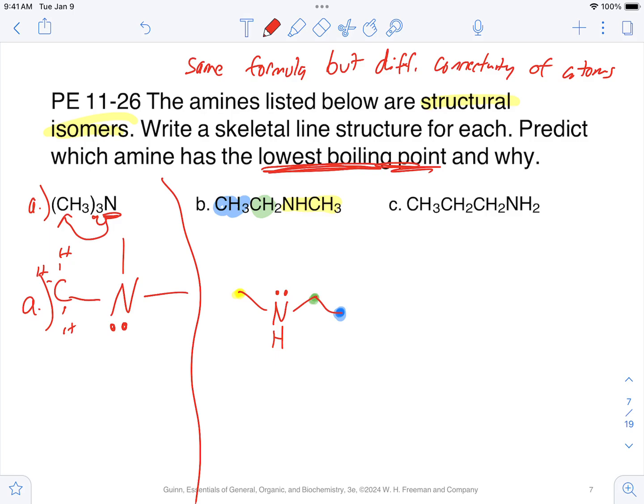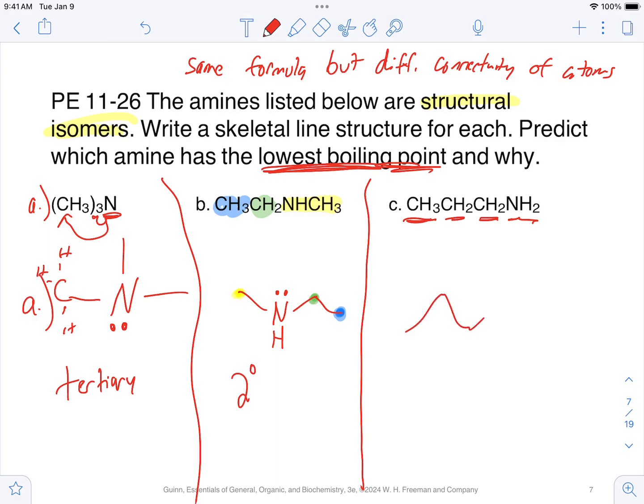If we had to say what type of amine this is, that would be a secondary amine. So we said the last one is tertiary, this is secondary, because the N is attached to 2 R groups and it has 1 H. And then the last one here, we have a CH3, CH2, CH2, and then an N with an H2.